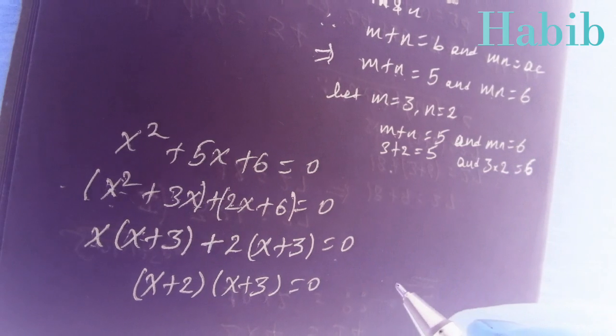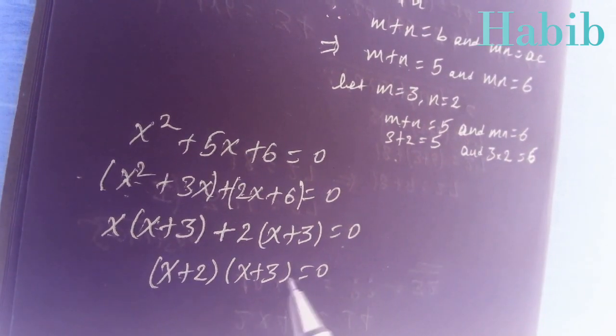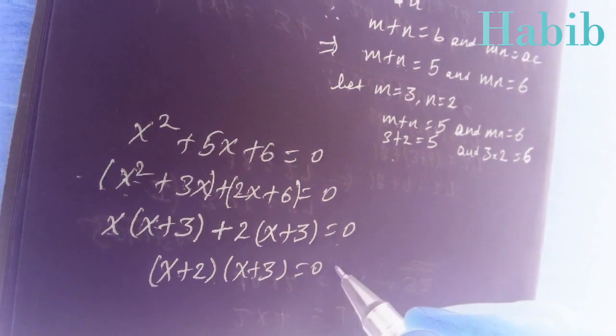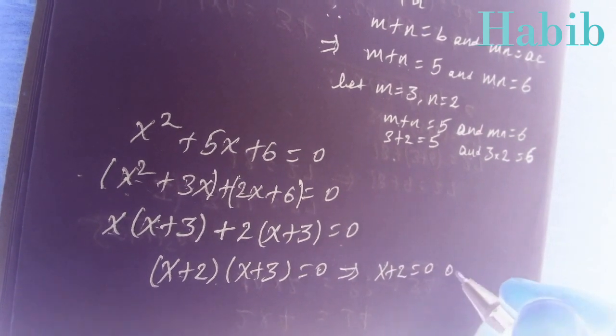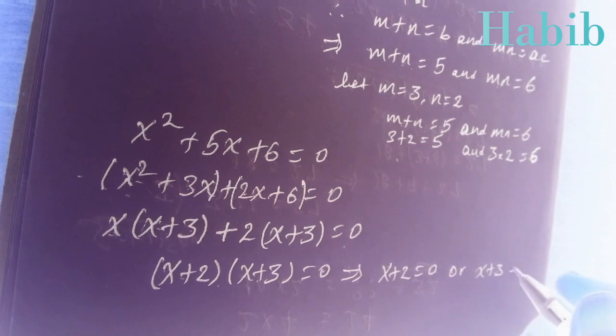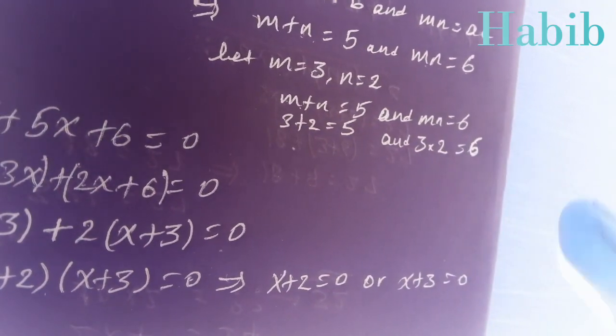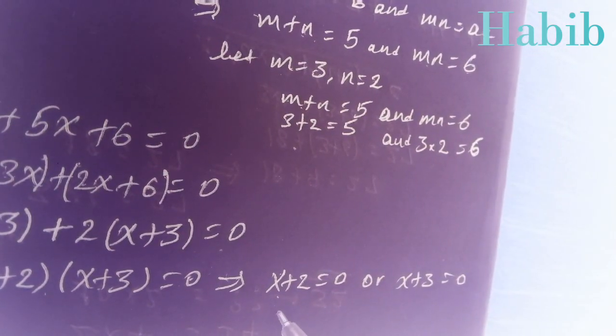As you remember from the law of multiplication, in x plus 2 times x plus 3 equals 0, either x plus 2 equals 0 or x plus 3 equals 0, otherwise the product does not become 0.